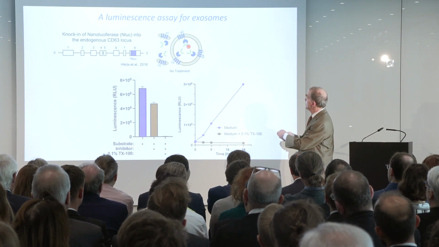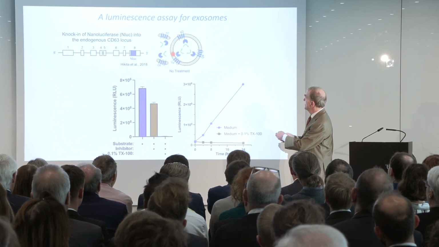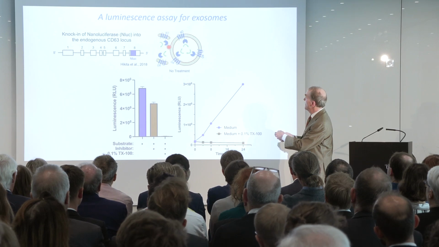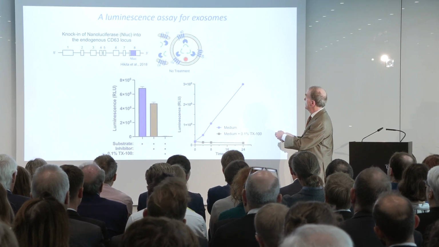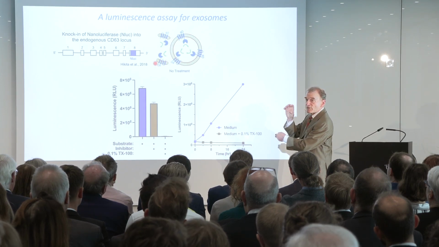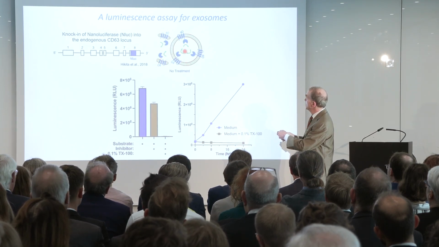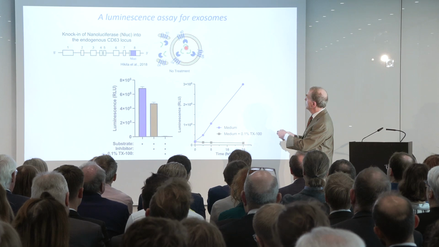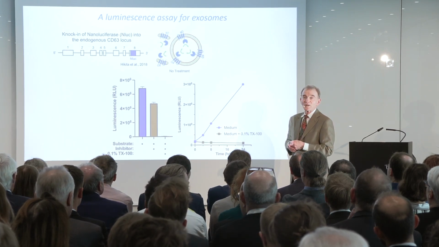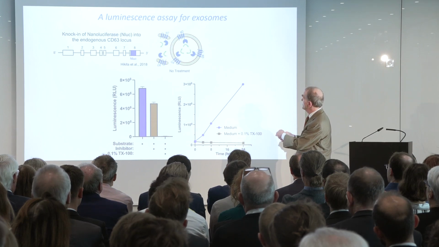So Justin and Jordan found that if they took culture conditioned medium, they find luciferase, but sometimes they find it in fragments. Very often, though, the vesicles are intact. And so in order to follow the intact vesicle specifically, they designed an assay that included a membrane impermeable inhibitor of luciferase and a membrane permeable substrate.